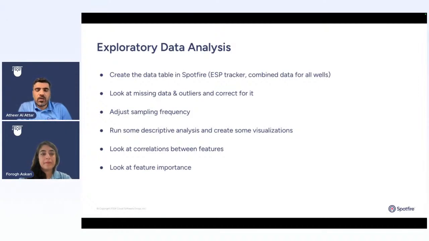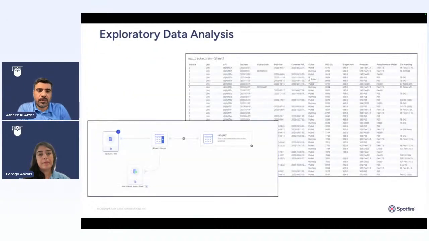Once we know the point where a failure happened, then we can look at all the series events, or all the behavior before that event. For example, does the pump experience any anomalies in its frequency days before the failure? Are there any vibration indicators? Do we have an increase in the gas rate before the failure? So all of these indicators, but we start by bringing the tracker data.